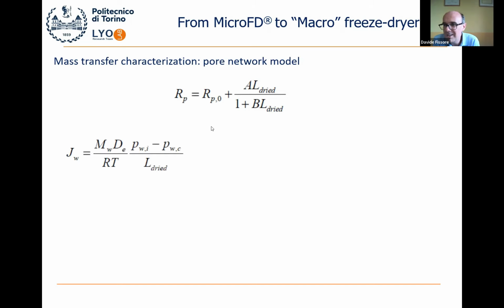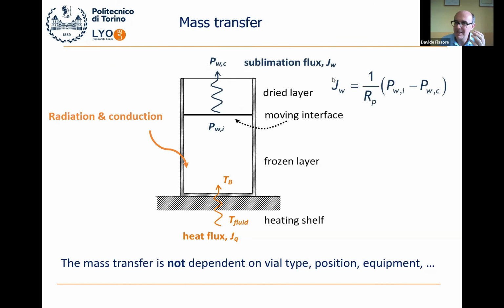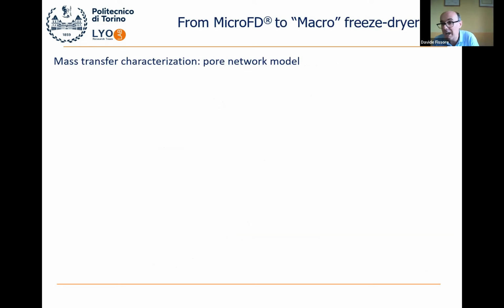The starting point is that this equation, expressing the sublimation flow rate, is actually the equation used in the freeze-drying domain. Everybody in freeze-drying talks about RP, but it is actually a particular version, for freeze-drying practitioners, of a more general law, that is Fick's law.